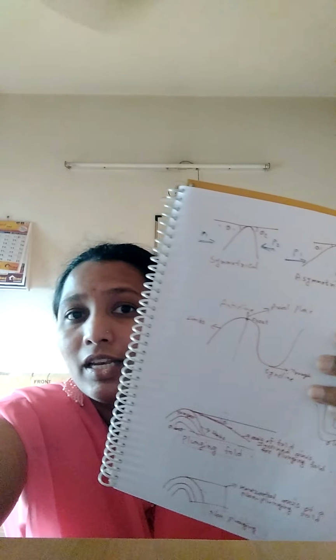So that is again signified here. One more thing that should be understood here is that the axial plane for the symmetrical fold will be vertical, and in the case of an asymmetrical fold, the axial plane will be inclined.